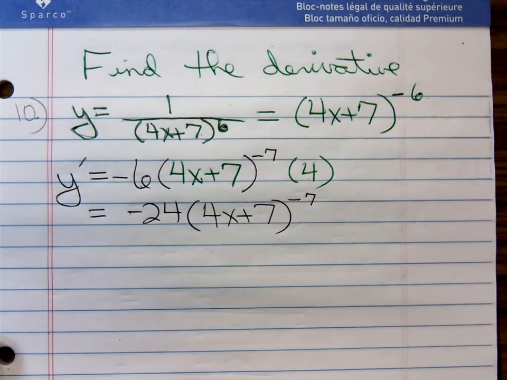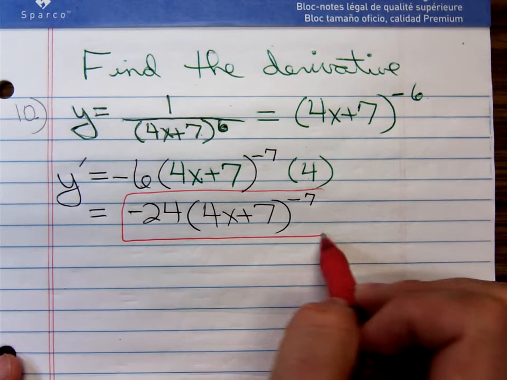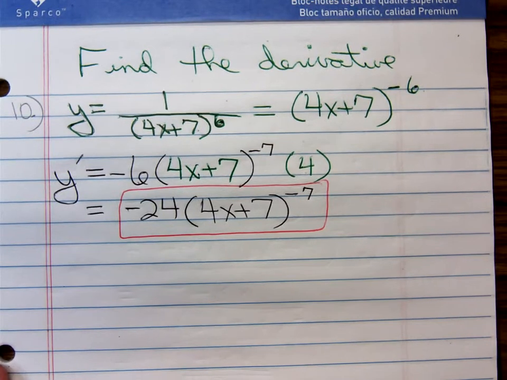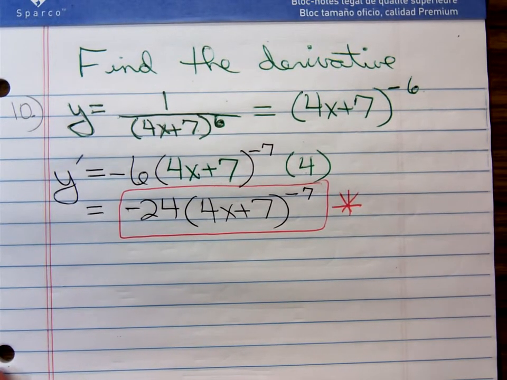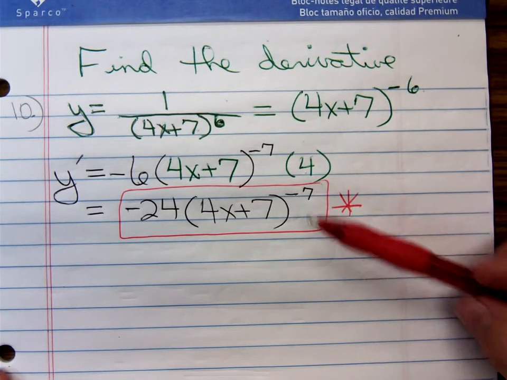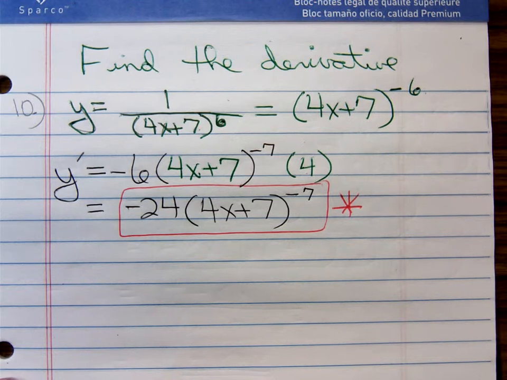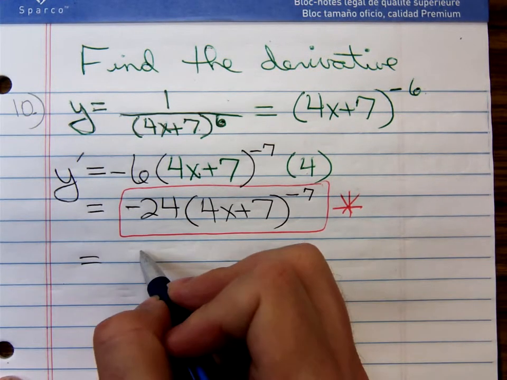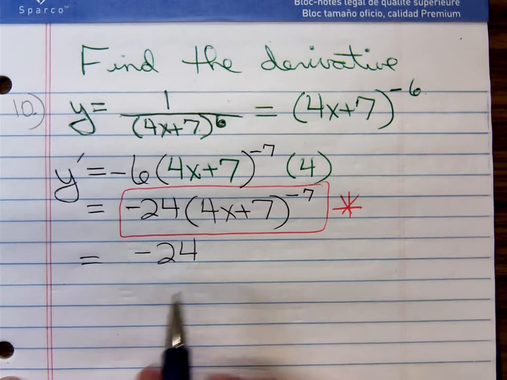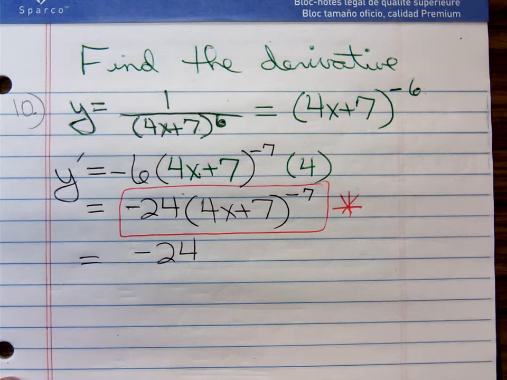And that's perfectly fine as a final answer, but let's suppose we wanted to rewrite it without a negative exponent. We would say, okay, we have a negative 24 on top. There's no negative exponent on that negative 24, so negative 24 is going to stay where it is.